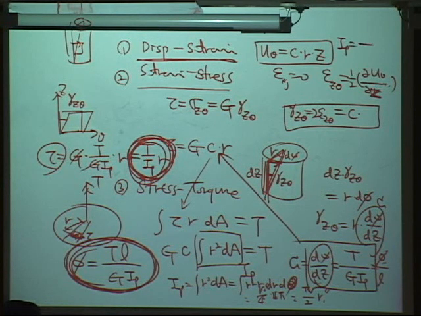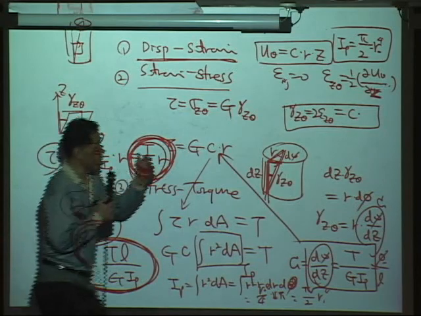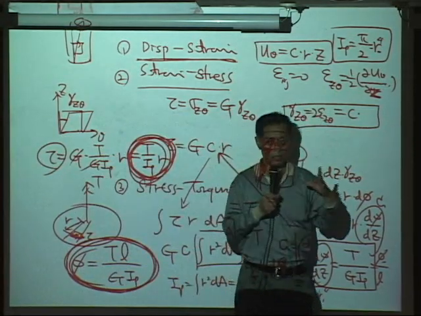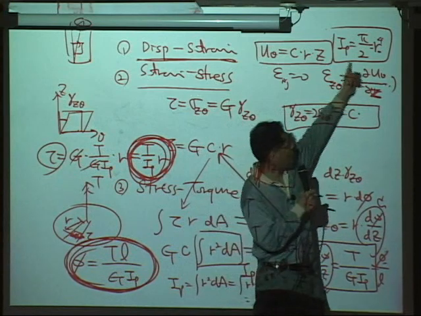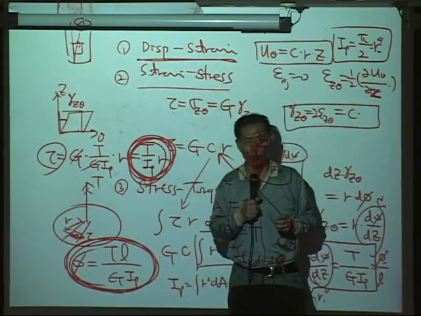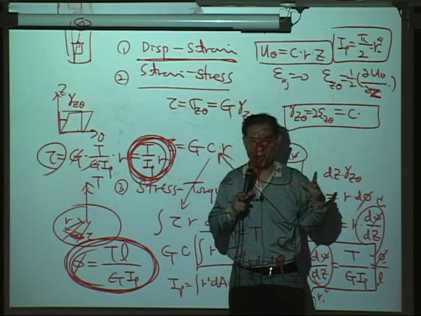IP is pi over 2 times R0 to the 4th. Okay? You need to remember this. As you can see here, if you increase R twice, IP will be 16 times.